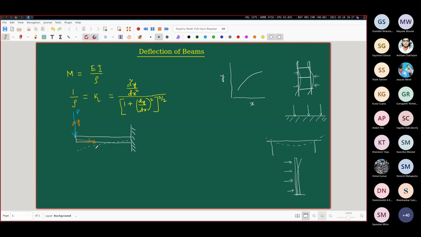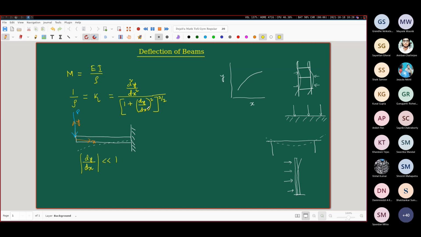Okay, and what we are going to say importantly is that this slope is not going to be too large, meaning that for the practical scenarios that we are going to be interested in, the magnitude of this dy dx is much less than 1. If it is much less than 1, then the square of that is even more less than 1, meaning that this denominator 1 plus (dy dx) squared is practically 1.